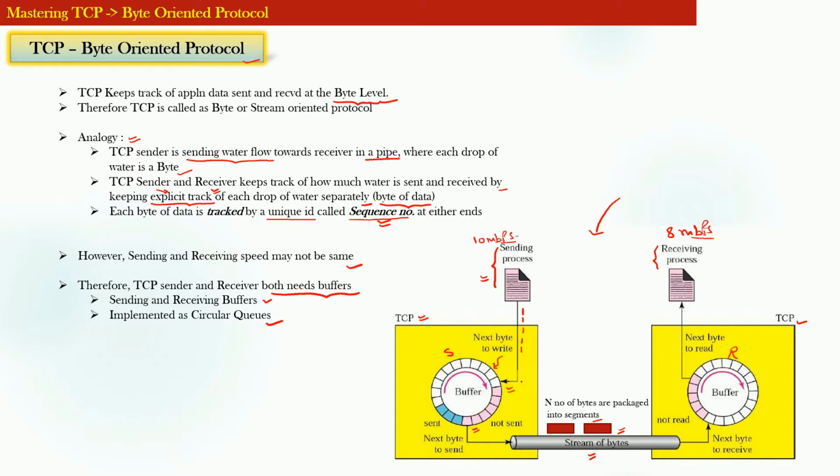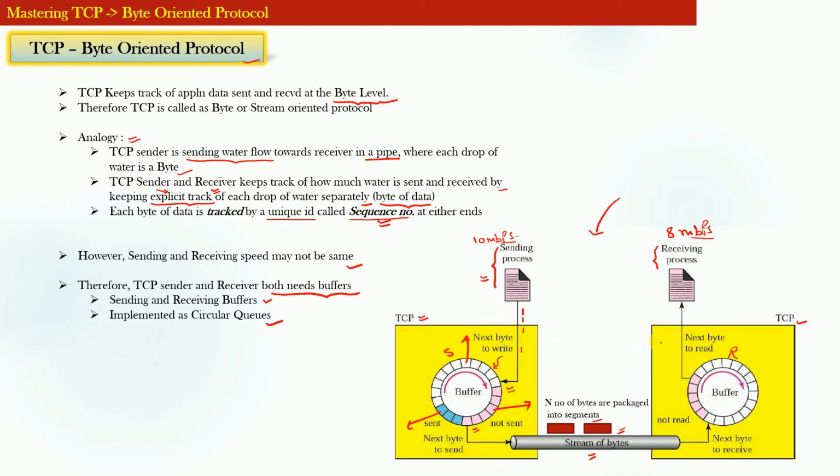So you can see that at any given point of time, the TCP protocol on the sending side can categorize the data as sent to the recipient process, not sent to the recipient process, and the data which is yet to be received from the sending process.